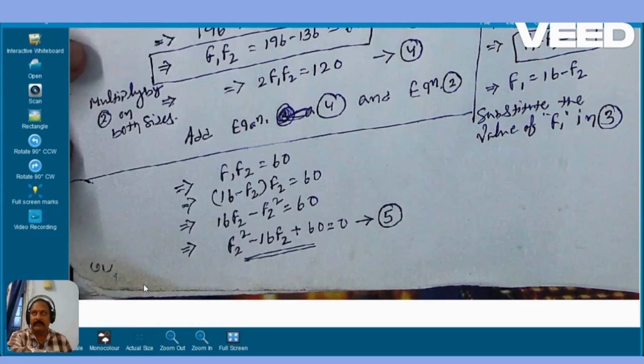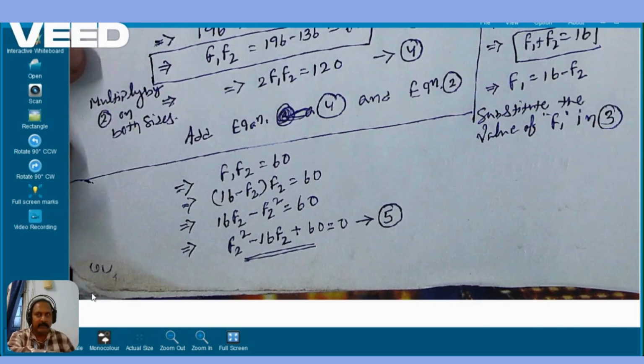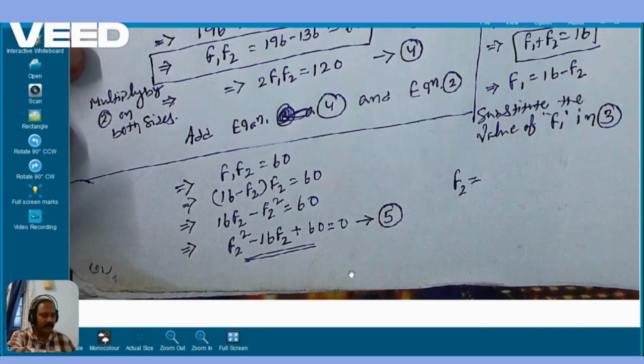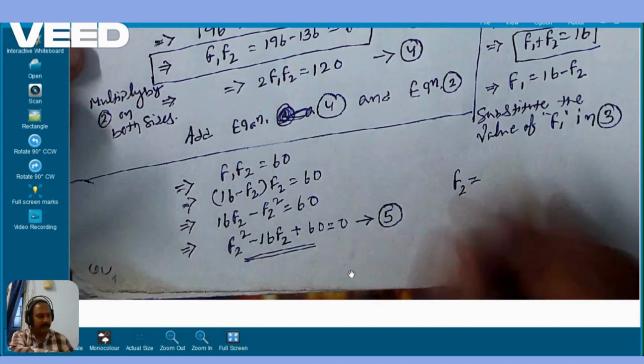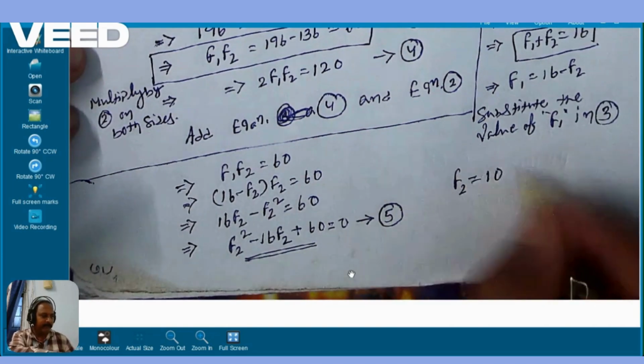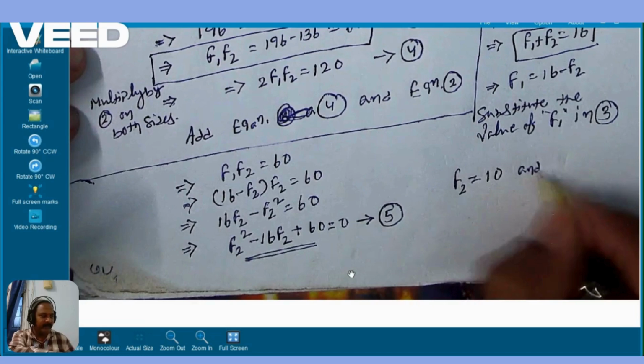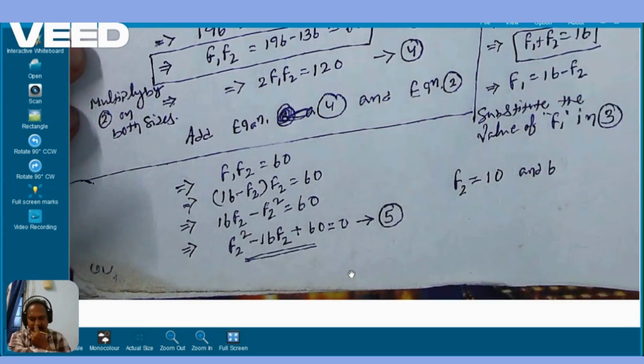So when you put these values in the calculator, we get two values: F2 is equal to 10 and 6.